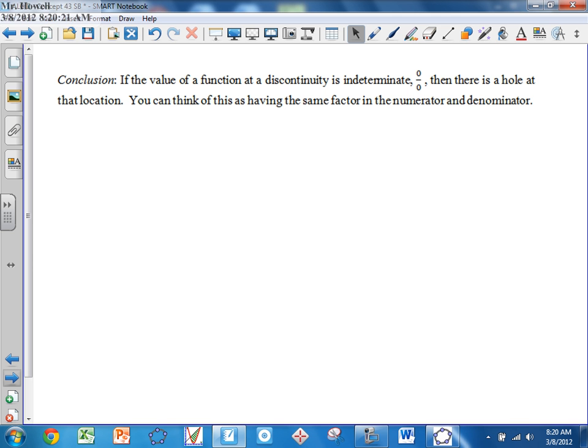You can think of this as having, same thing we said a minute ago, the same factor in the numerator and denominator. Okay, that's how I want you to think about it, one or the other. Remember though, you must factor to find the value of the function. You must factor to find the value of the function.